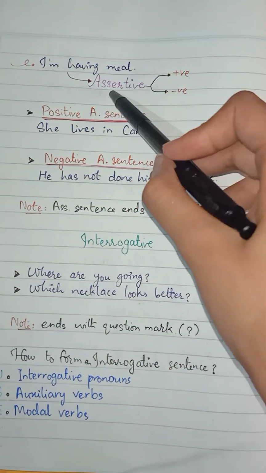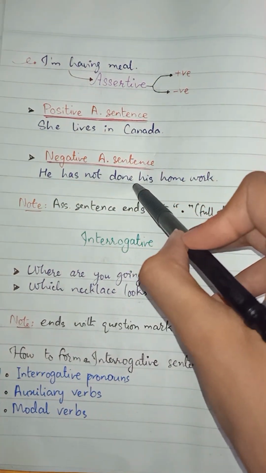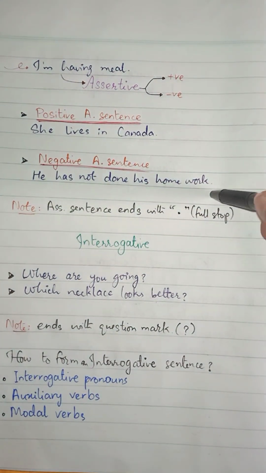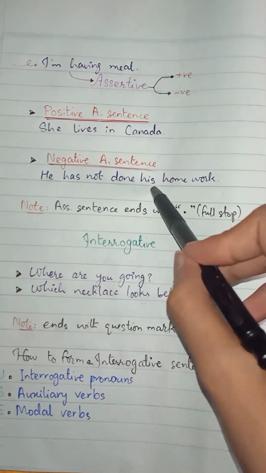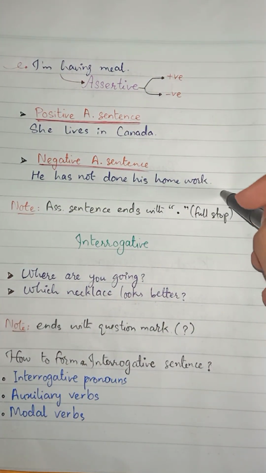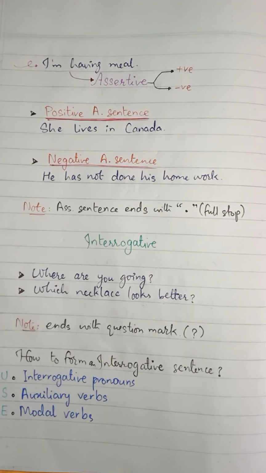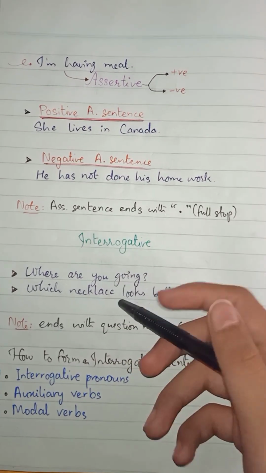And another type of assertive sentence is a negative assertive sentence. For instance, he has not done his homework. उसने अपना homework नहीं किया है, ठीक है? So that's a negative assertive sentence. Another example can be, he's not my friend and she's not gonna come, right?